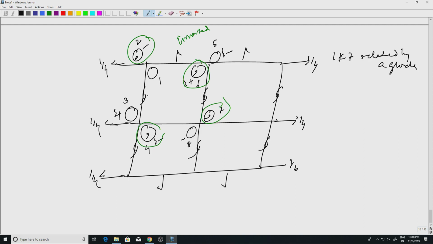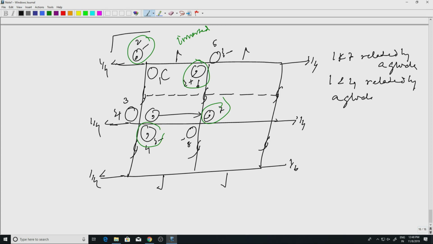That is, I can put a B glide here. This gets reflected, it goes here. 1 and 4 related by a glide, this gets reflected, it becomes minus, it moves here.